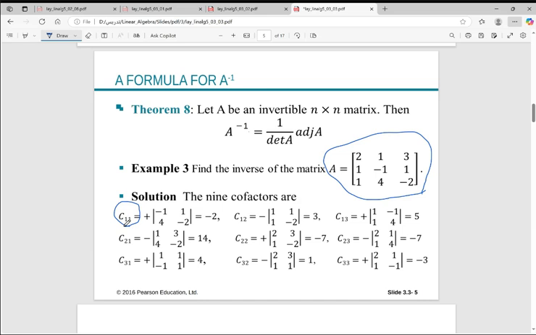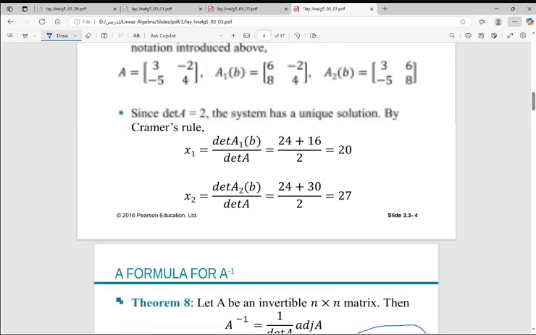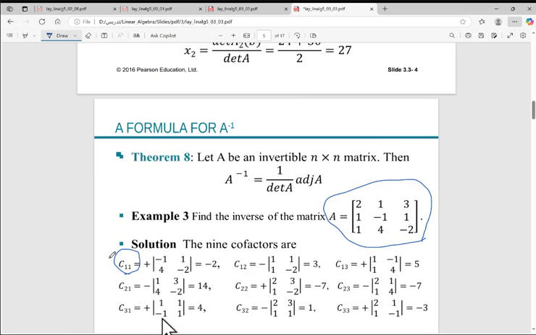It's minus 1 to the power of 1 plus 1. Then the determinant of removing the first row and the first column from A. And it is something like that.